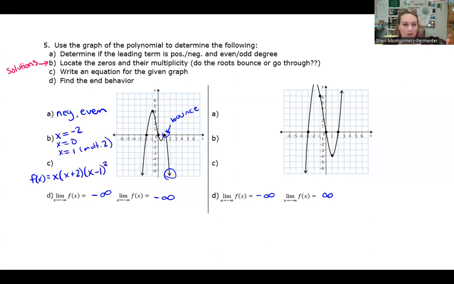I have to make sure that the x minus 1 term is squared, though. Y'all feel okay about this? Let's do the second one on our own. If you get stuck, then you can ask.